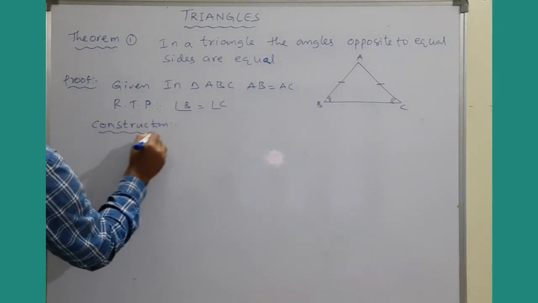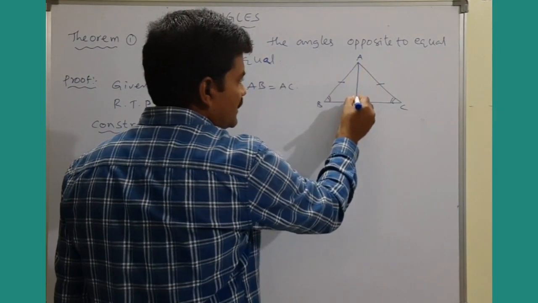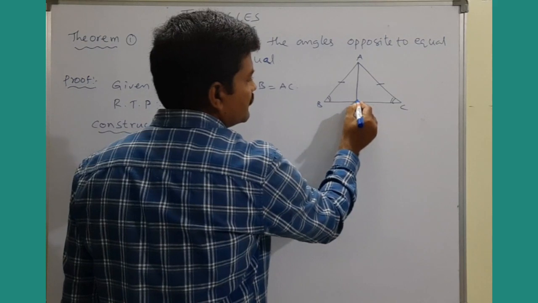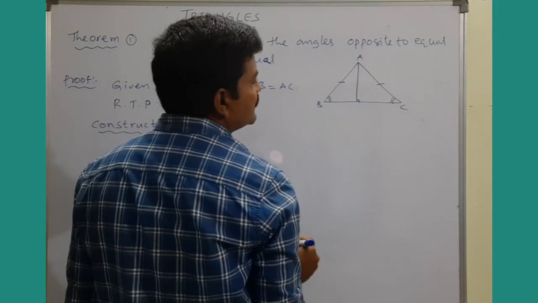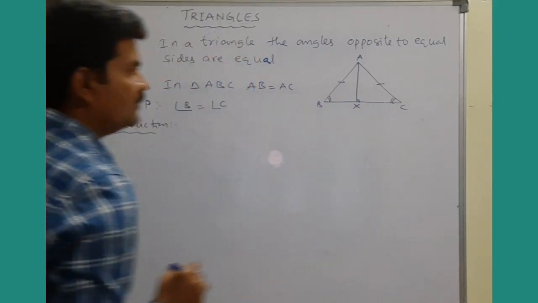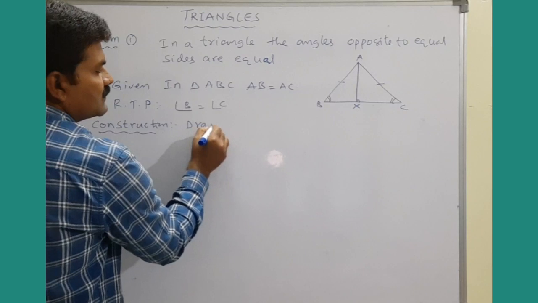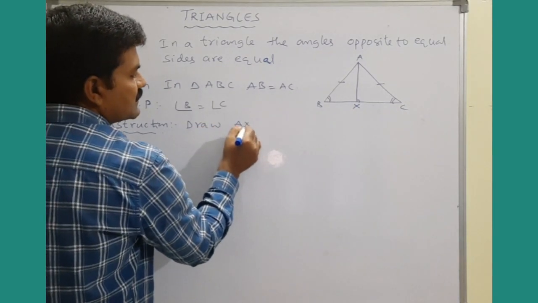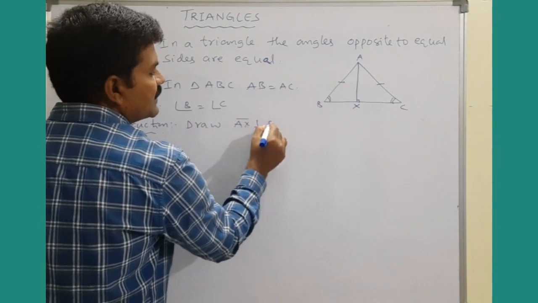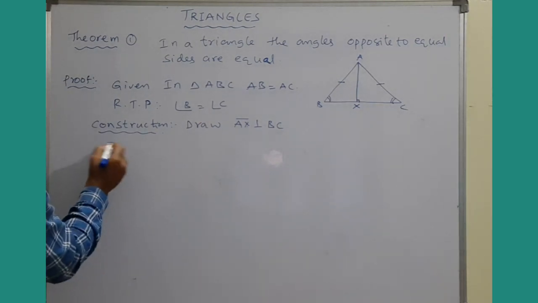What we need to construct here: please draw the perpendicular from A to BC and see that it is intersecting at some X. So what is the construction? Draw AX bar which is perpendicular to BC. Understood, ma? Right. Now coming to the proof.